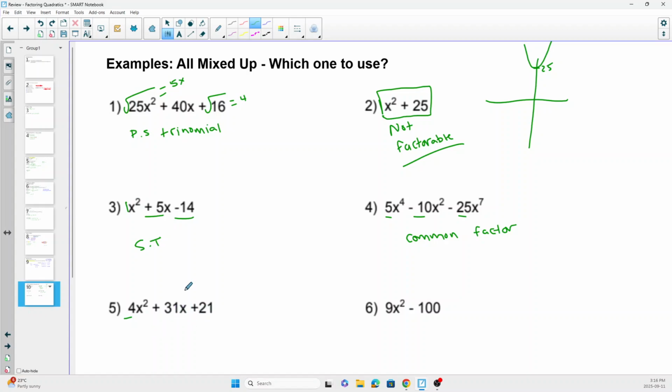You're going to have some really big numbers, but if you were to use the quadratic formula, you would double check that the discriminant is in fact greater than or equal to 0. And then here we have perfect square subtraction perfect square, so we have a difference of squares.